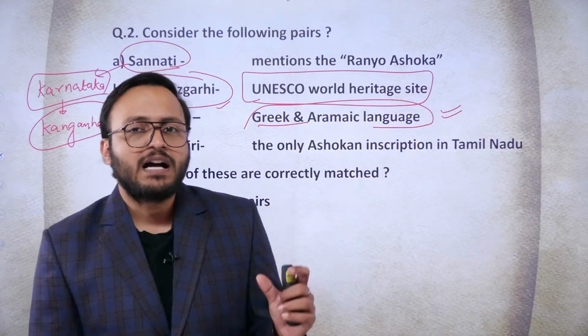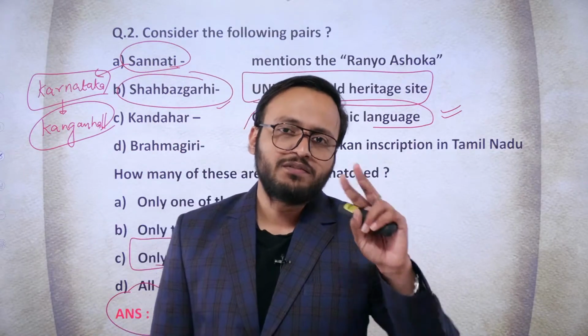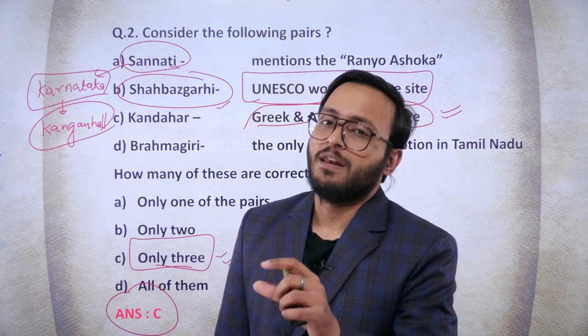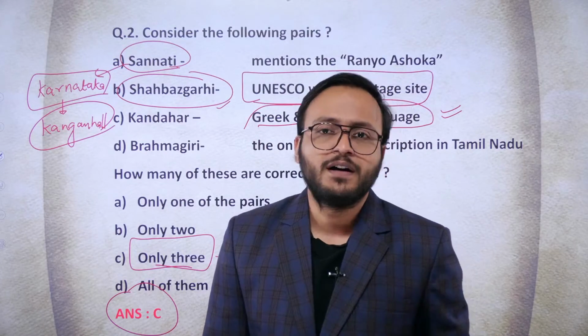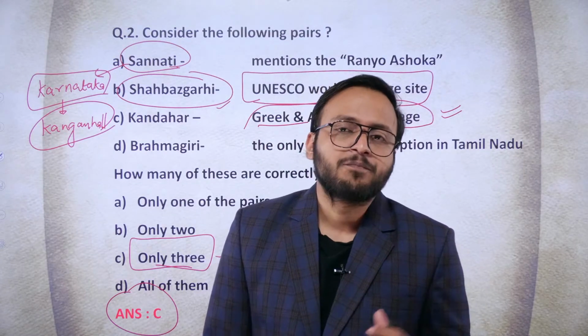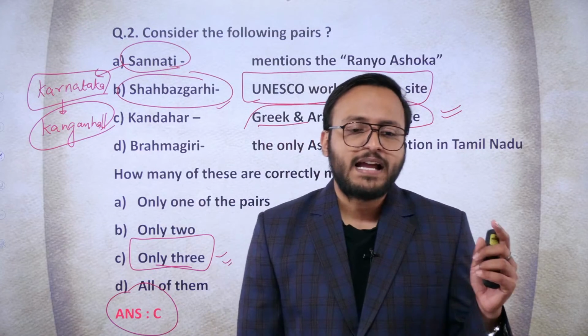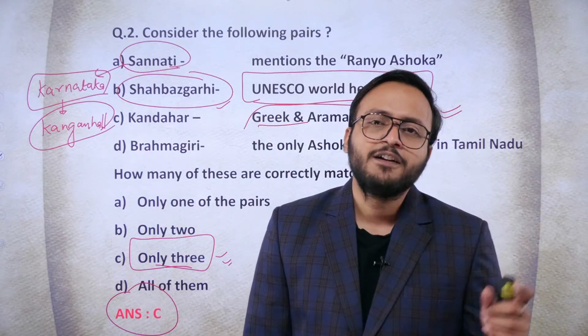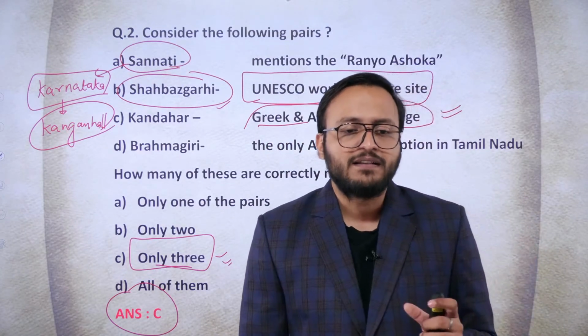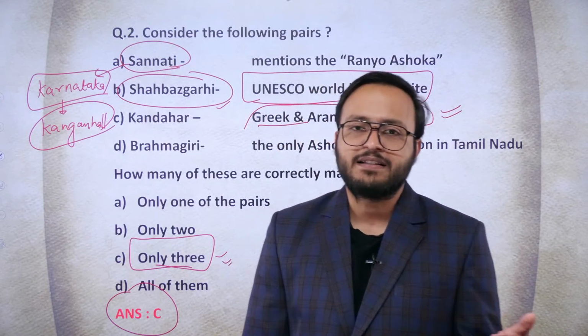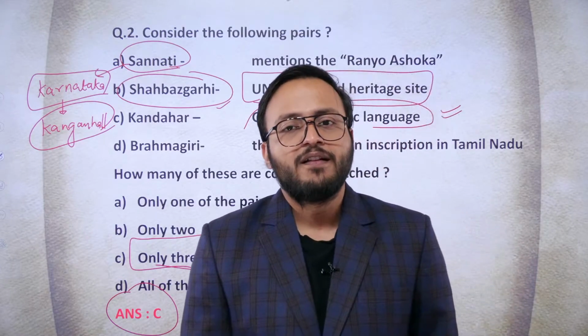Because Kandahar is one of the total 2 bilingual inscriptions of Emperor Ashoka. In fact, let me tell you that Shahbazgarhi, Mansehra, these 2, Mansehra basically, and then Kandahar, the third one.